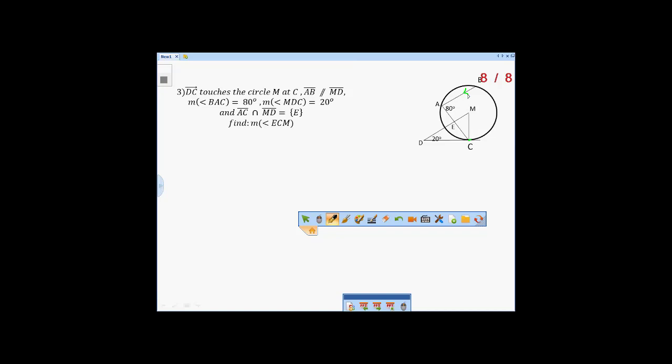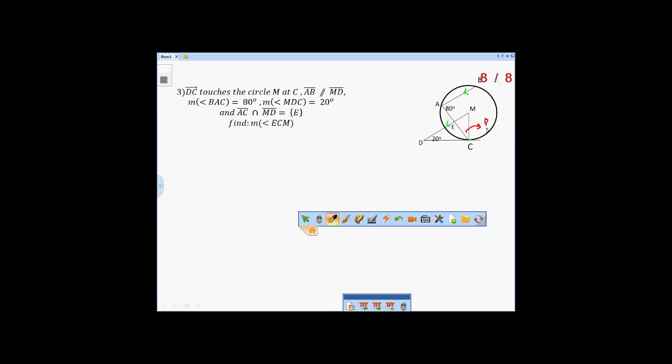The measure of angle BAC equals 80. And the measure of angle MDC, this angle, is equal to 20. Find the measure of angle ECM. ECM, this angle. The required angle is here. I want to know the measure of this angle, ECM.